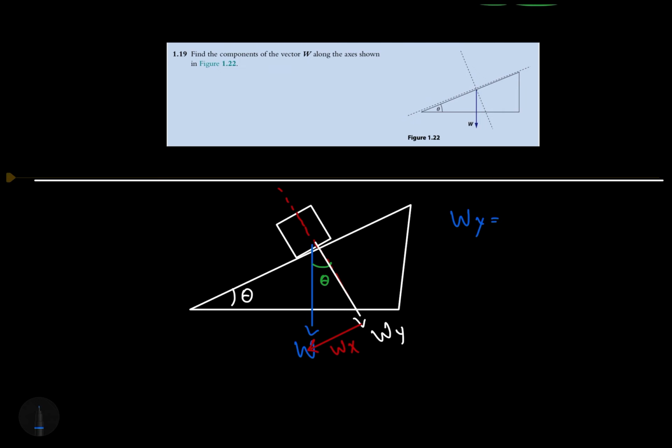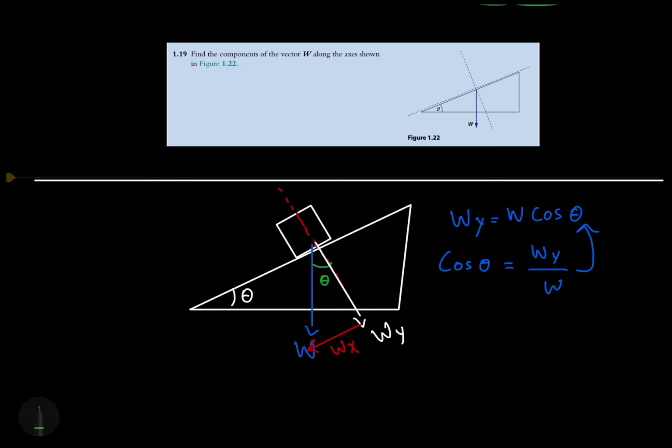And we said anytime the angle is adjacent, we can find the component of that vector by taking cosine. So Wy is just going to be W multiplied by cosine of theta. And that's because cosine of theta over here is going to be equal to the adjacent side, which is Wy, over the hypotenuse, which is W. So we can rearrange that to get the equation I wrote at the beginning.